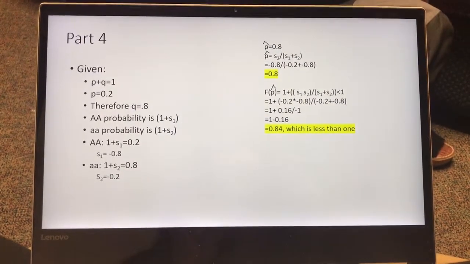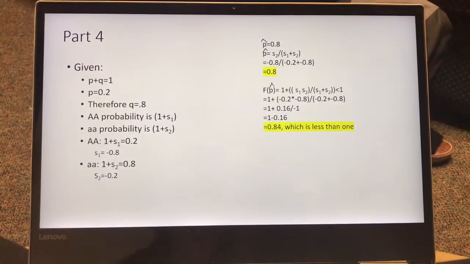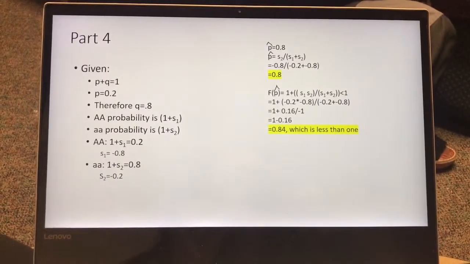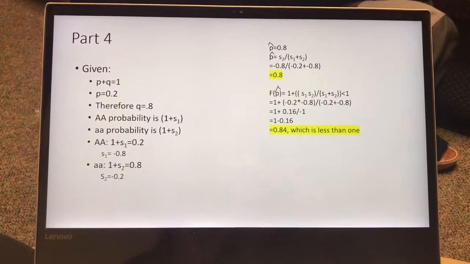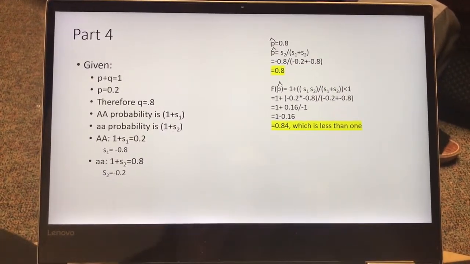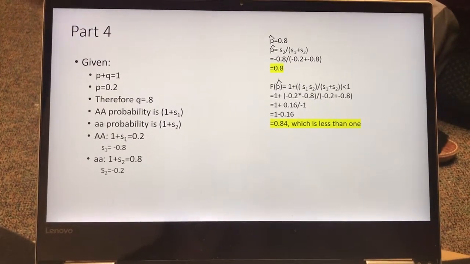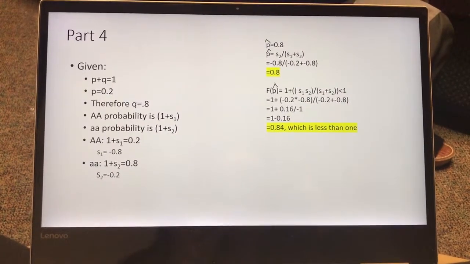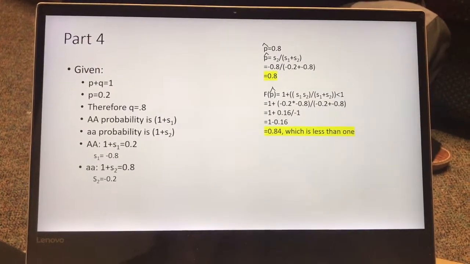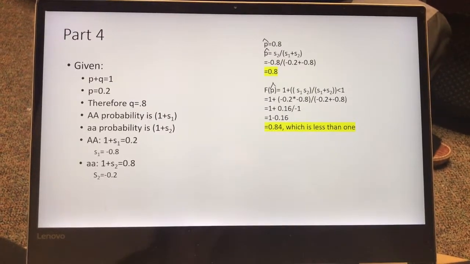And so using these givens, we solve to see that p hat of 0.8 is true for this equation, and so we're going to use for s sub 1 negative 0.8 and for s sub 2 negative 0.2, and when you plug those in you get 0.8, which is the given p hat. And then for the second part we are just going to plug in s sub 1 and s sub 2 again, and we get 0.84, which is less than 1.